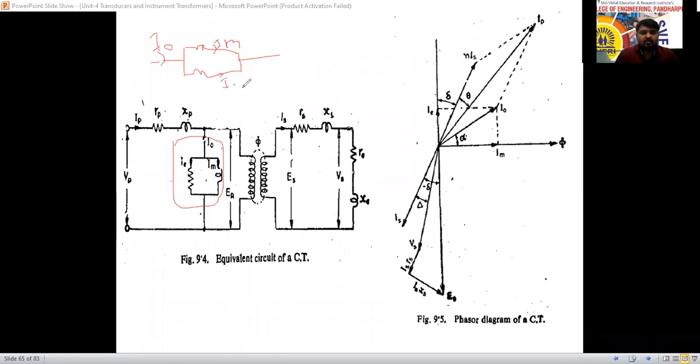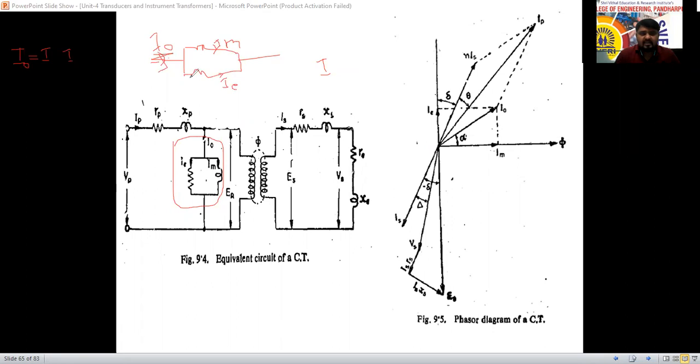So by seeing this, can you tell the formula for I naught? I naught equal to what? For a parallel circuit, the total current I equals I1 plus I2.